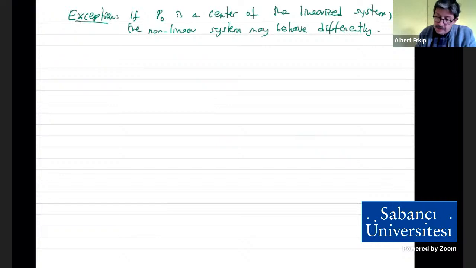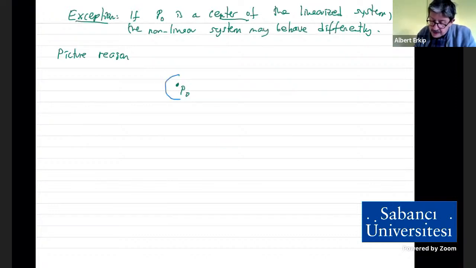And I'll give the picture reason. Center, remember what was center? Center was that the trajectories were circles or ellipses. So this is my, say, P0 of the linearized system, and the trajectories are circles. So these are the trajectories.